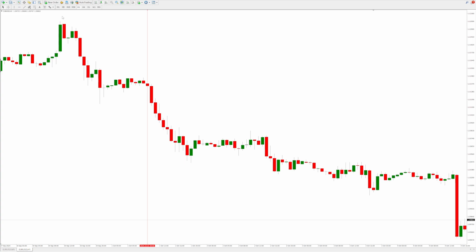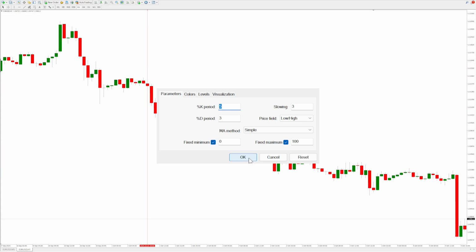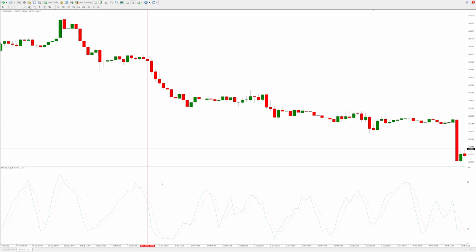You can also use indicators to help you if you prefer. For example, if we put the stochastic oscillator on the chart using the default settings 5, 3, and 3. On the stochastic oscillator, if you're not aware of this indicator, basically when this main line is below the signal line, it suggests a downtrend, vice versa for an uptrend.